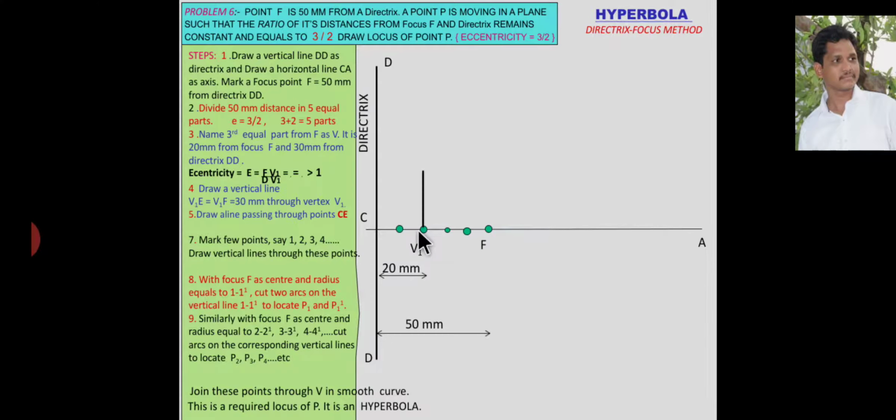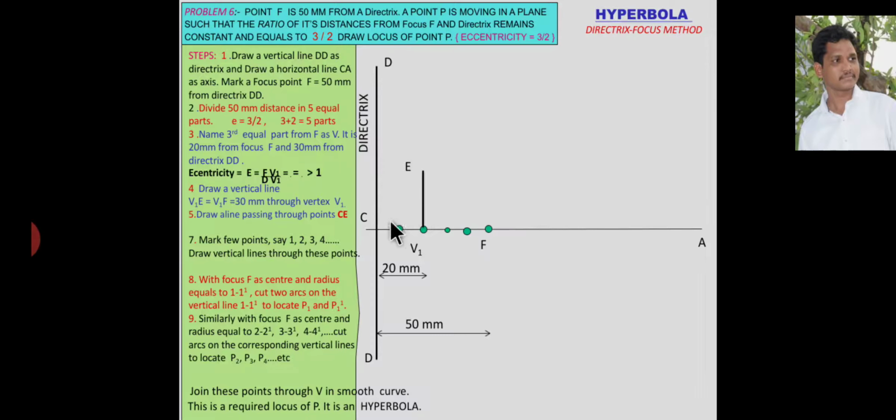Now draw a vertical line at vertex V1. The length of V1E is equal to the length of V1F, that is 30 mm. From here to here the length is 30 mm, so draw a vertical line of 30 mm.